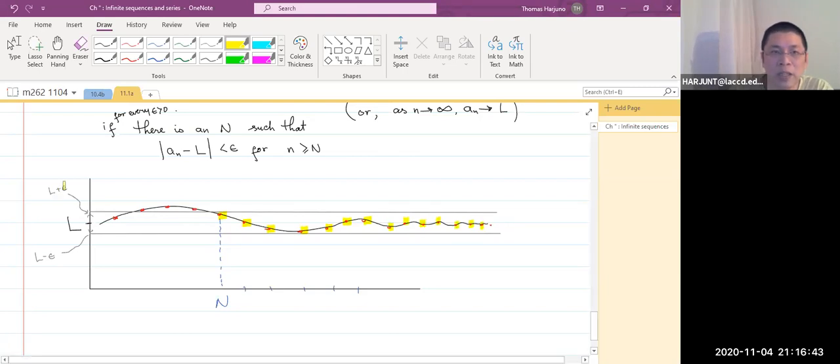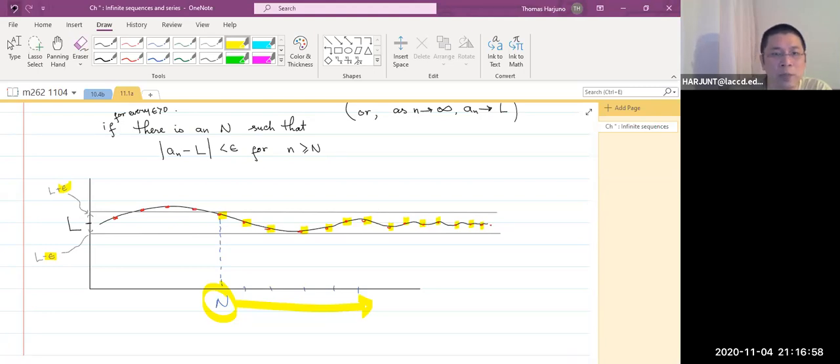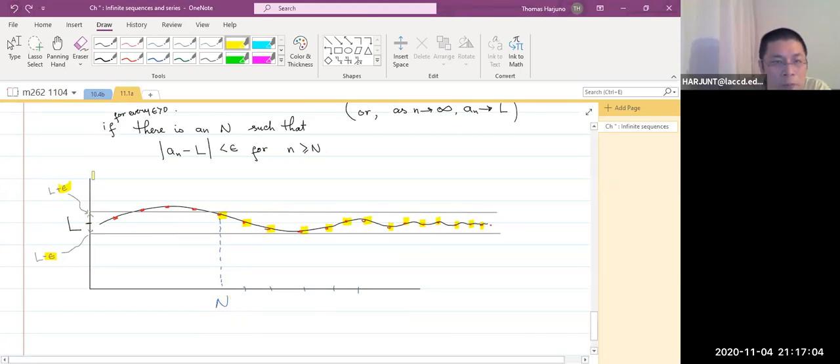Now the thing is, this has to hold for every epsilon. So you can make the epsilon smaller, even smaller, and of course your capital N may move further to the right. You see? Let's experiment with that. Suppose I make my epsilon even smaller, half of that.